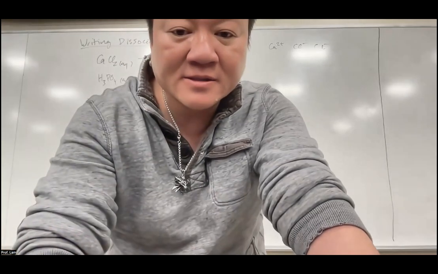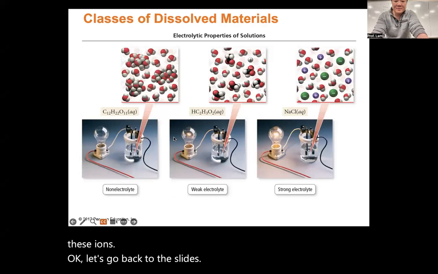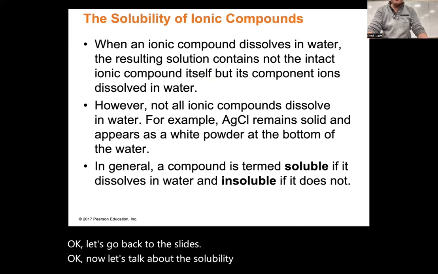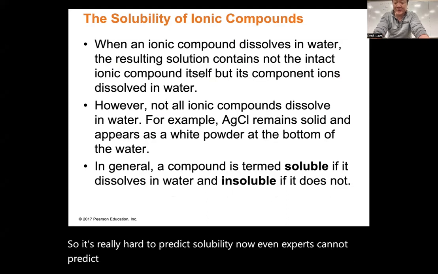Okay, let's go back to the slides. Okay, now let's talk about the solubility of ionic compounds. So it's really hard to predict solubility. Even experts cannot predict solubility of ionic compounds that well.